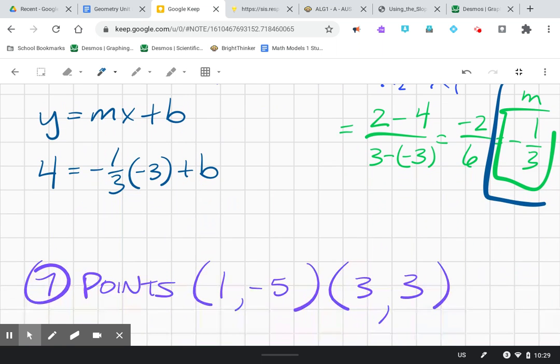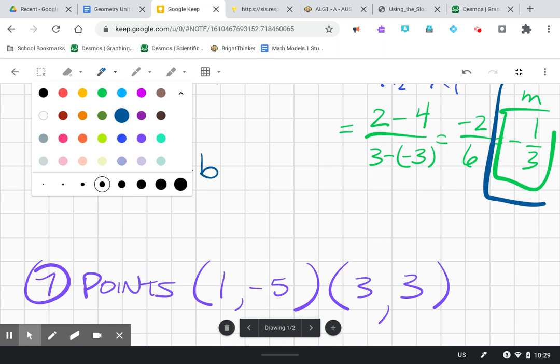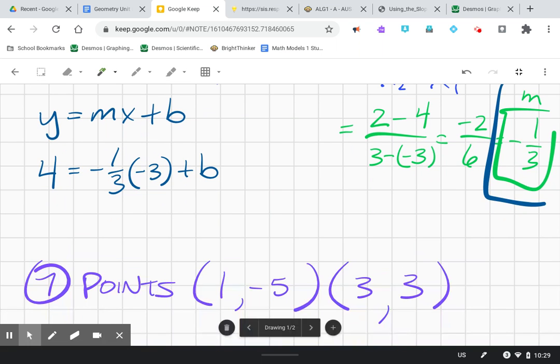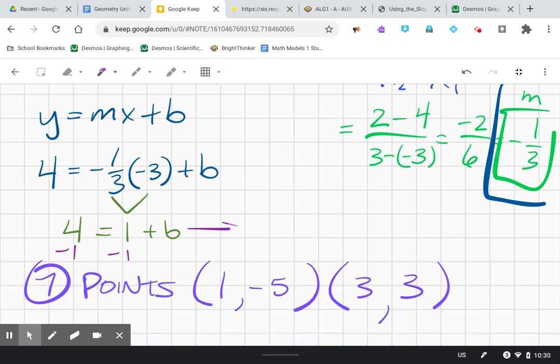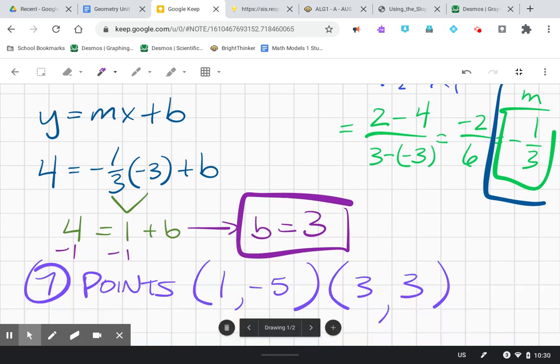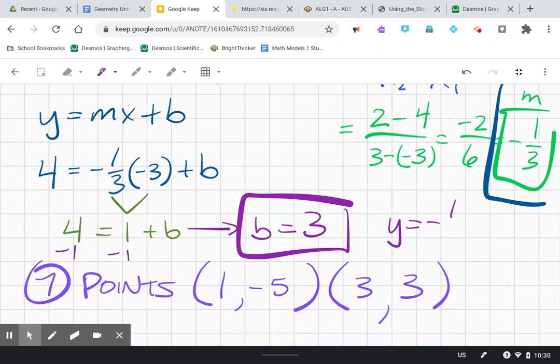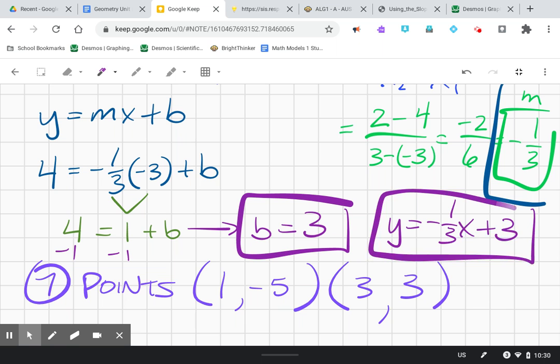Negative 1/3 times negative 3 is going to cancel out to 1. You can always use your calculator for that if you need to. So this reduces to 1 plus b. So 4 equals 1 plus b, minus 1, b equals 3. And then I take all of that together to say y equals negative 1/3 x plus 3. Again, that's coming from my m and my b.